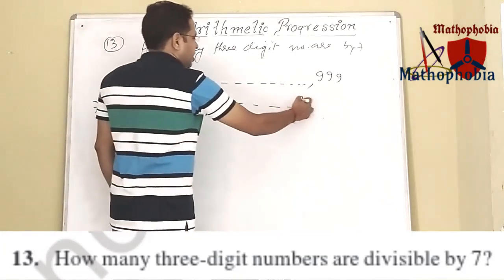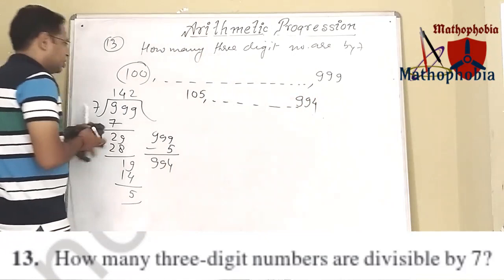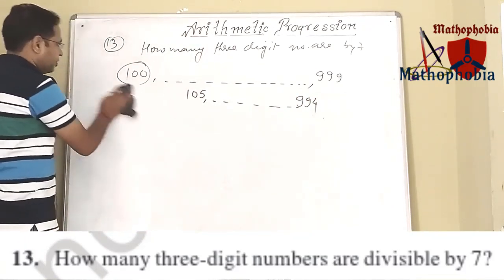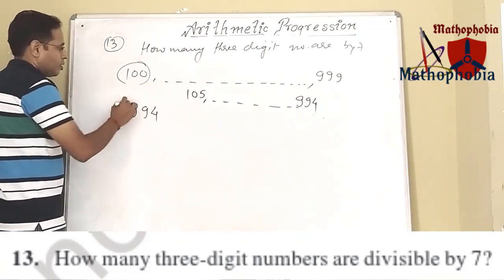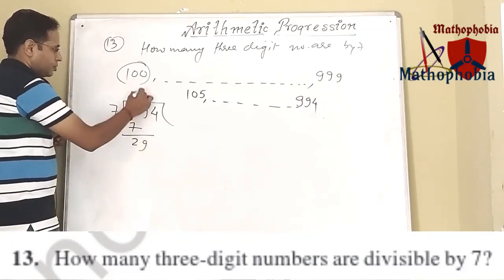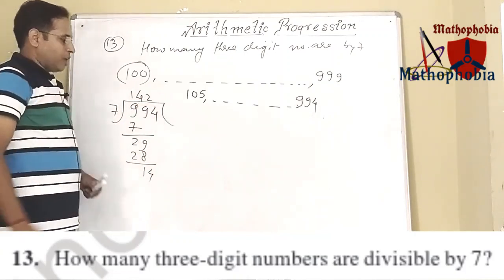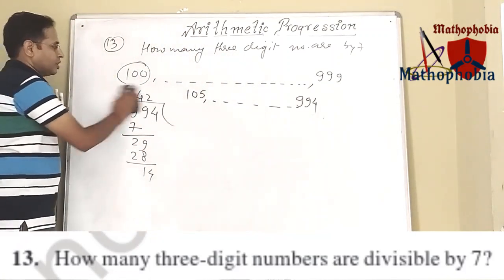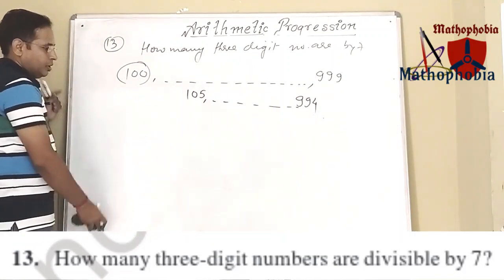Let us check whether 994 is divisible by 7 or not. Therefore, we have got the first 3 digit number divisible by 7, which is 105, and the last 3 digit number divisible by 7, that is 994.